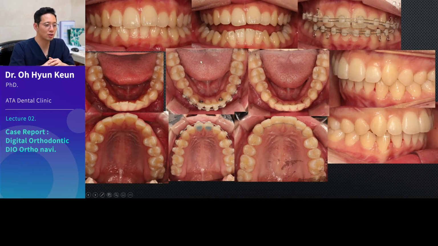So if you are just starting, beginning with a buccal system is not a bad idea. Anyway, our OrthoNavi uses 2 thin wires for various improvements: angulation, torque, and vertical control as well. So I hope you try to use the buccal system effectively.